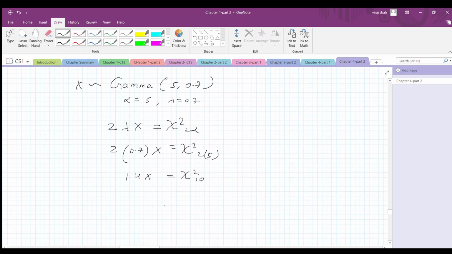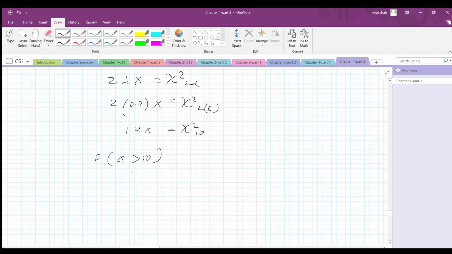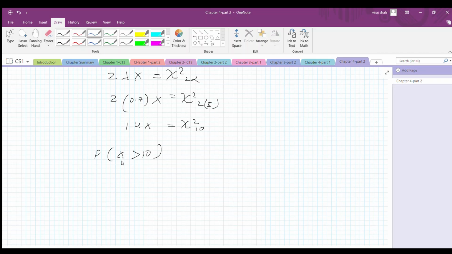And if I were asked to find the probability of x greater than 10, I could only make a comparison when the variable is 1.4x. So let me multiply by 1.4 on both sides. 10 into 1.4 is 14, right?